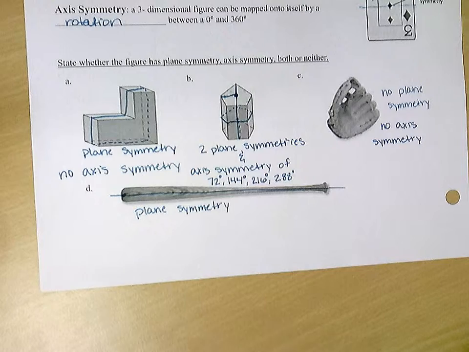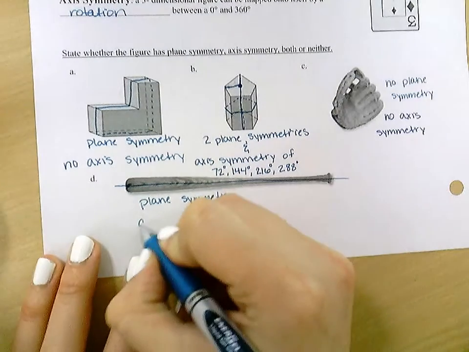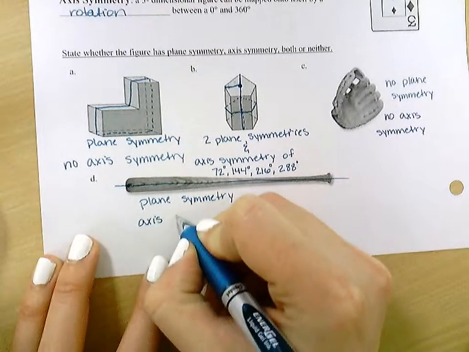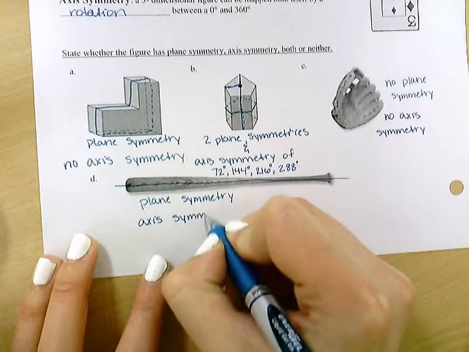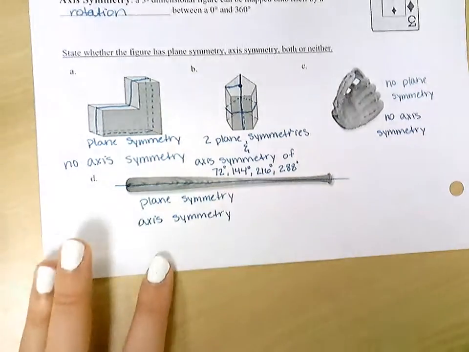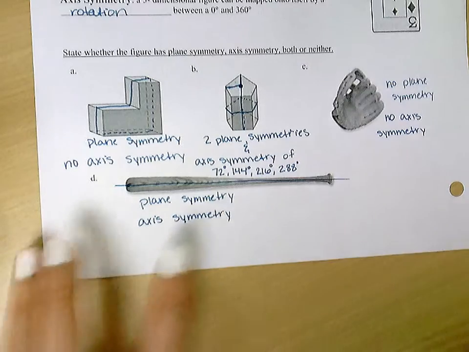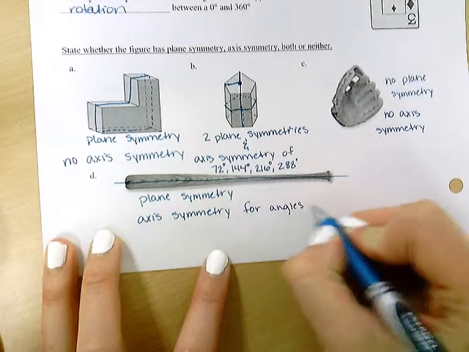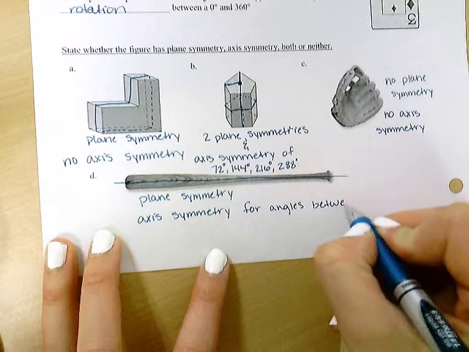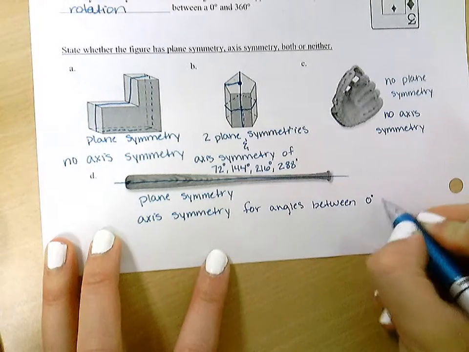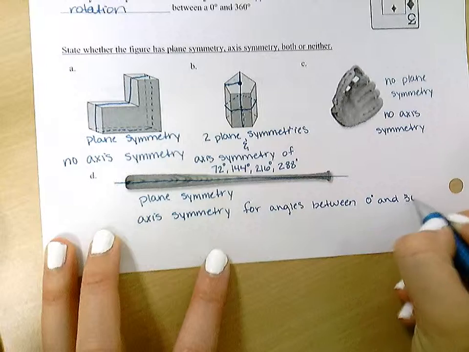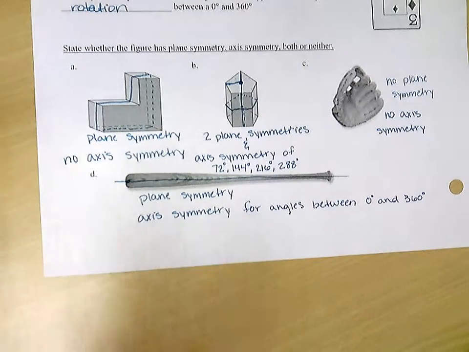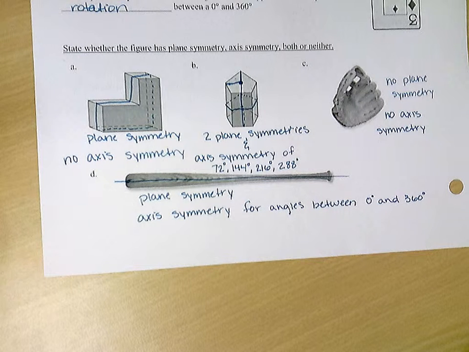You would say this has axis symmetry for angles between 0 and 360 degrees, because you could rotate it through 0.5 degrees and it'll map onto itself.